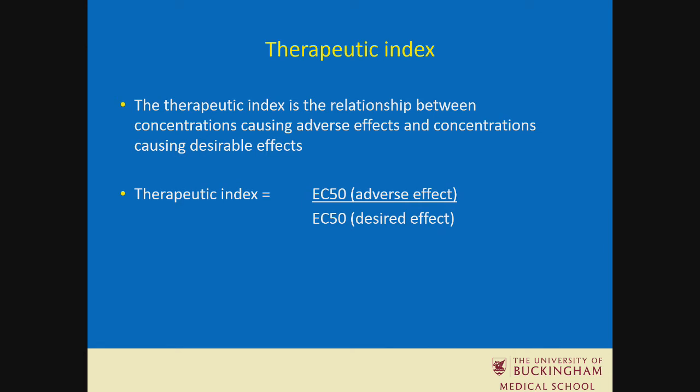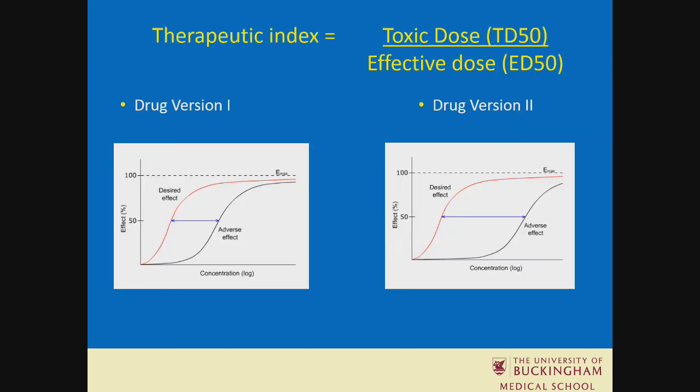So you divide one by the other to give a therapeutic index. It gives you an idea of how safe your drug is going to be and how much flexibility of dosing you're going to have for that drug.